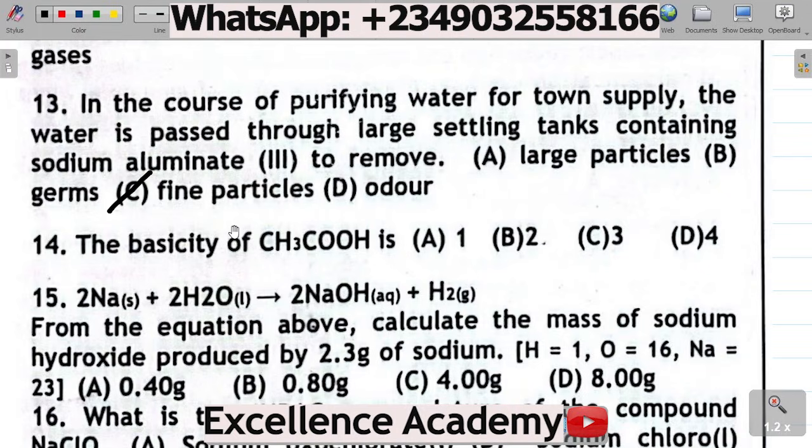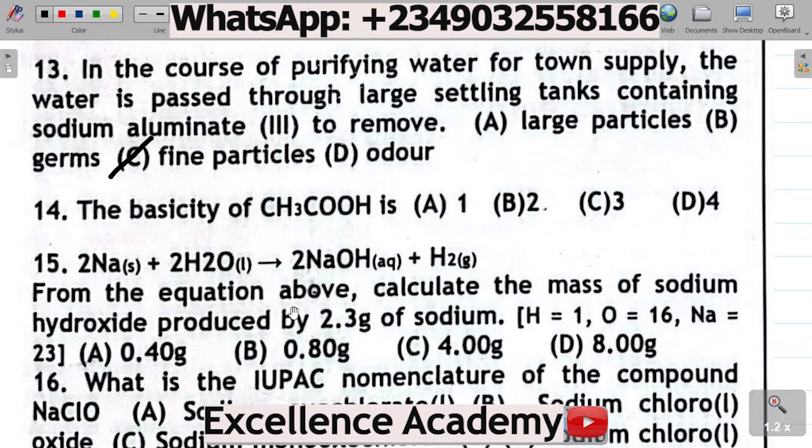The process is crucial for removing contaminants like silt, bacteria, and organic matter that are on their own too small to settle. So the correct answer there is fine particles. That's your answer.